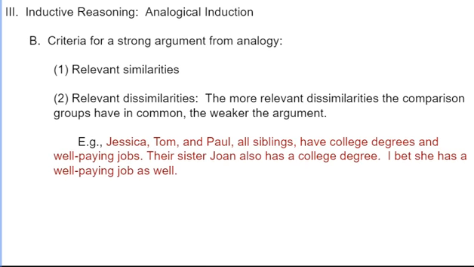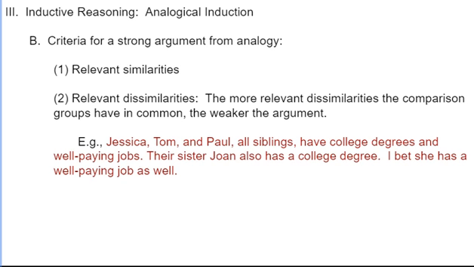Here's another example. I'm going to compare two different cases, okay? So you can see this idea of dissimilarity. So first, a pretty good argument. Say Jessica, Tom, and Paul, they're all siblings, right? They grew up together. They all have college degrees and well-paying jobs. Oh yeah, they also have a sister named Joan who has a college degree.